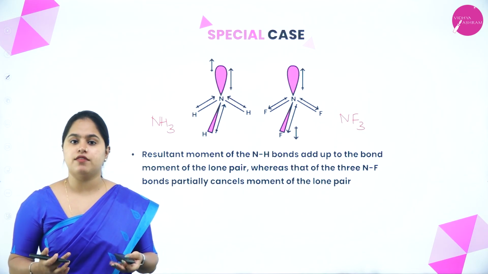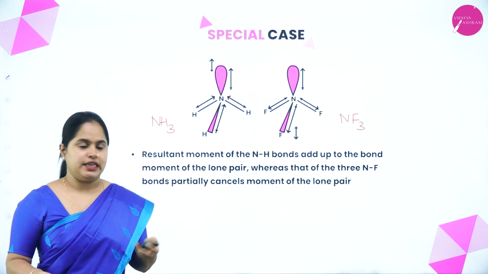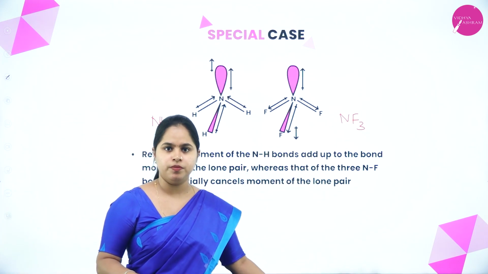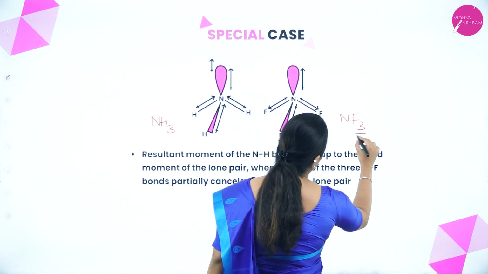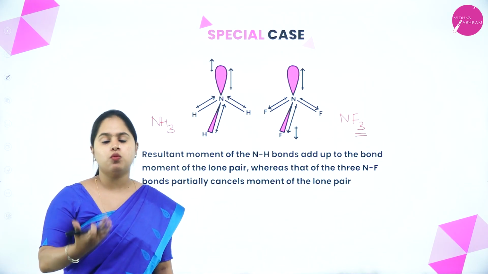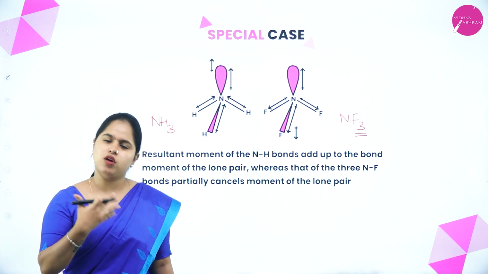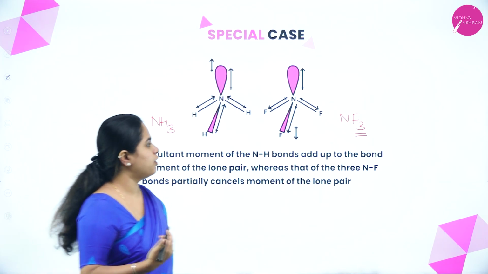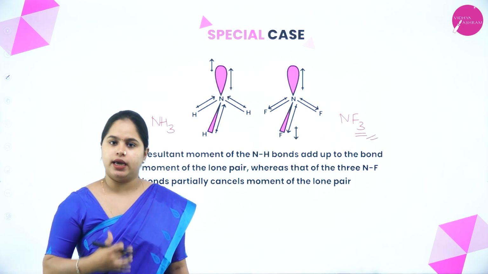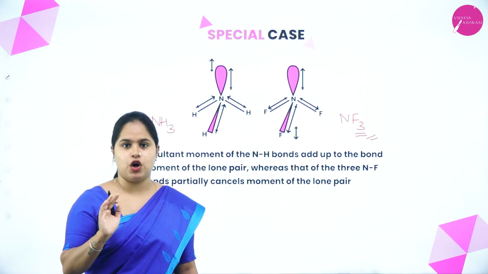Which one will have more dipole moment? Comparing nitrogen and hydrogen, and nitrogen and fluorine, fluorine has more electronegativity. Fluorine is the more electronegative atom. So what would be your answer? Yes, NF3 will have more dipole moment. But this is not correct.